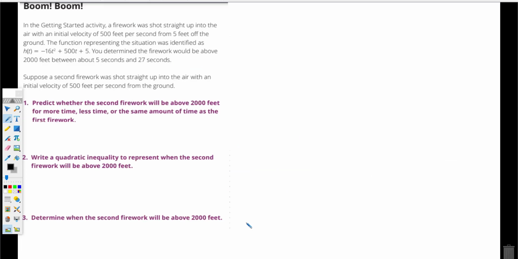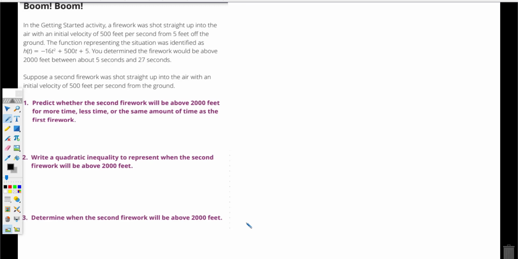So on that getting started activity, we shot that firework straight up at an initial velocity of 500 feet per second, or 5 feet above the ground. You determined it was above 2,000 feet between 5 and 27 seconds. And what do you think is going to happen if a second firework is shot from initial velocity, so the same speed, but instead of being from 5 feet above the ground, it's going to be from the ground level?